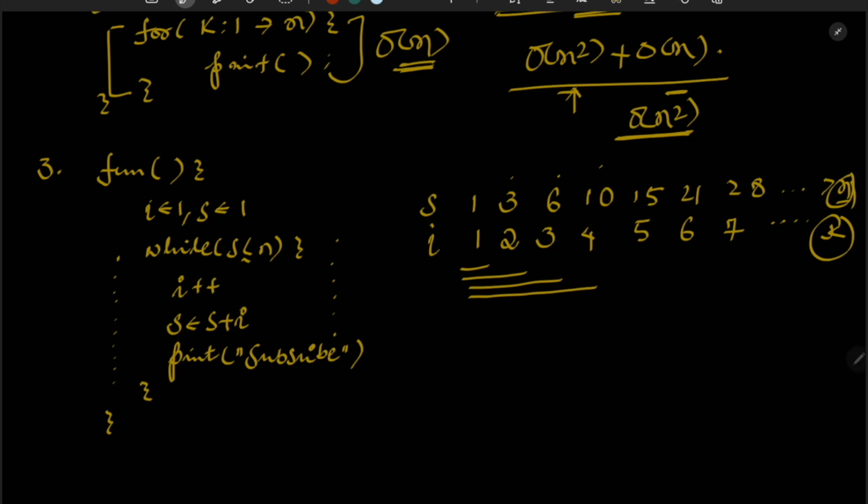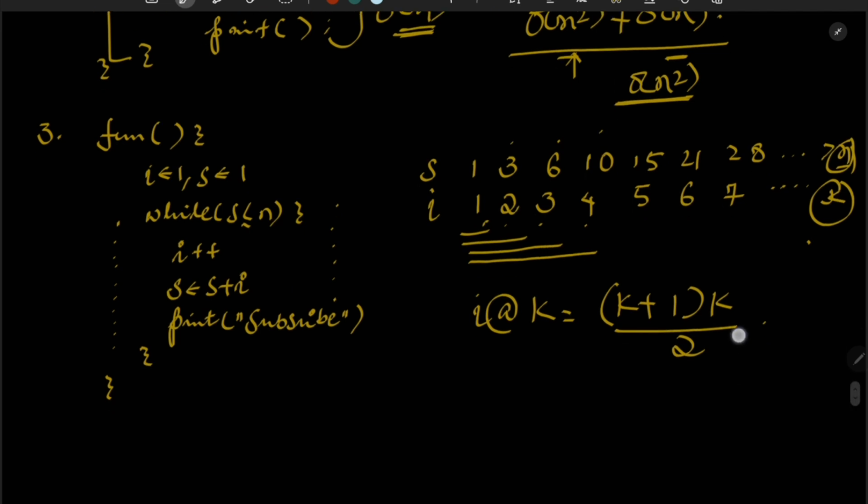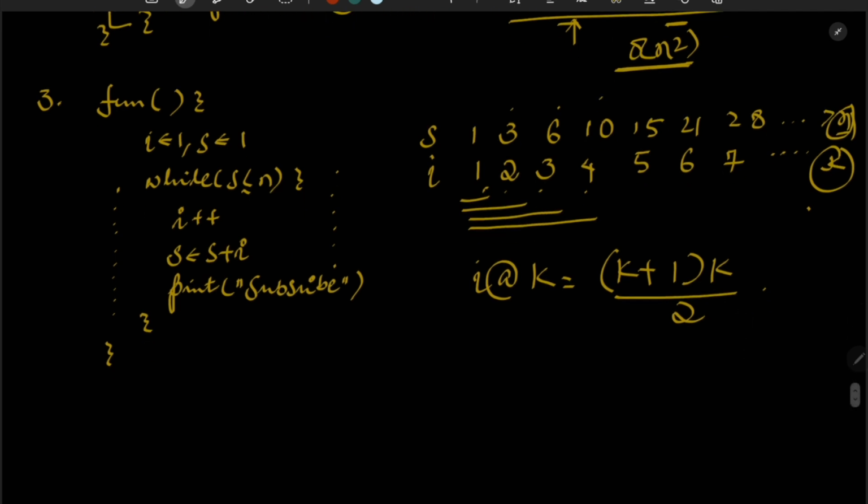So essentially what we mean to say is when i is equal to k and k is 4, then s is going to be 1 plus 2 plus 3 plus 4. So for i at value k, s could be represented as k multiplied by k plus 1, divided by 2. And at k, we are observing a value which is going to be greater than n in order for this loop to be terminated.